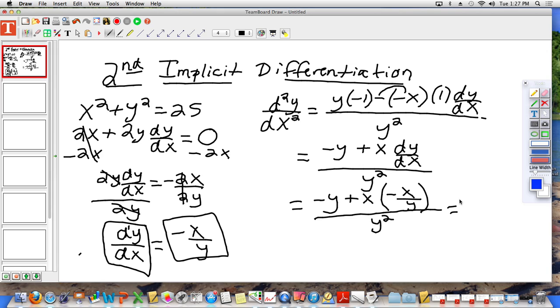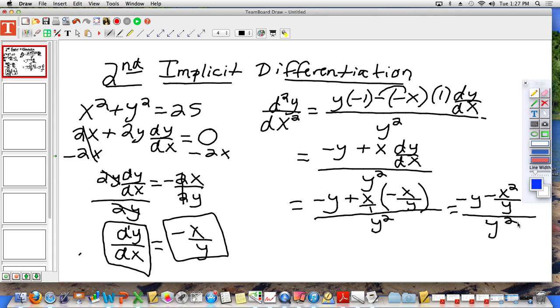So we have negative y. We have x times, now remember this x is the same thing as x over 1. So we have x times negative x on the top. That's going to be a minus x squared. Divided by, and on the bottom we have 1 times y, which is y. And then all of this is going to be divided by y squared. That's ugly.